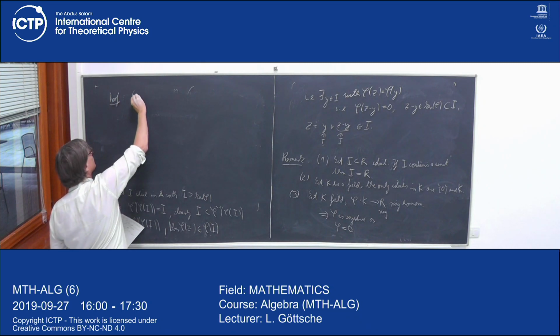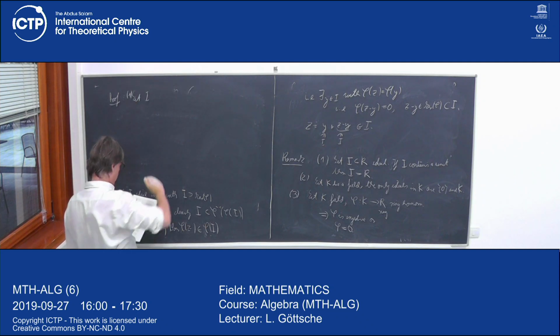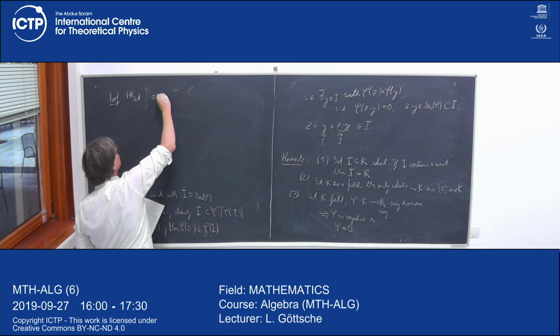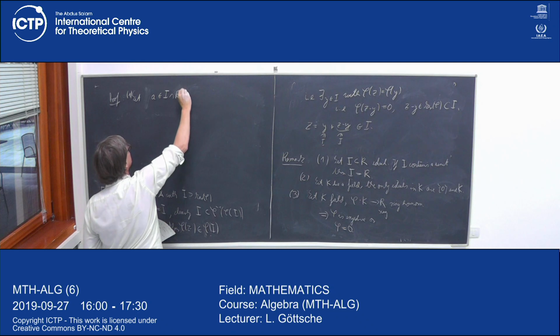So this is only proof one. Let's assume we have an element a which lies in the ideal and is also a unit.